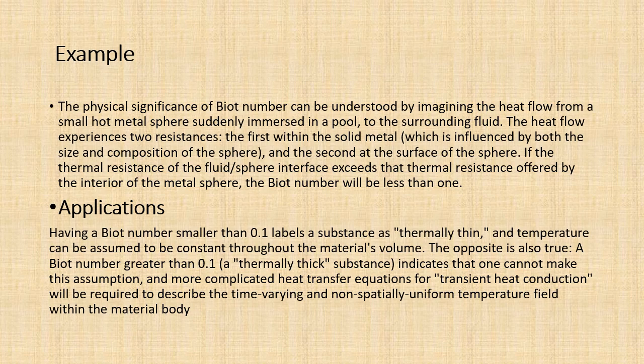While if we have a Biot number greater than 0.1, we call it a thermally thick substance, which indicates that one cannot make this assumption, and more complicated heat transfer equations will be required to understand the heat transfer phenomena going on in that substance, because the higher Biot number indicates the non-uniformity of temperature field within the material body.